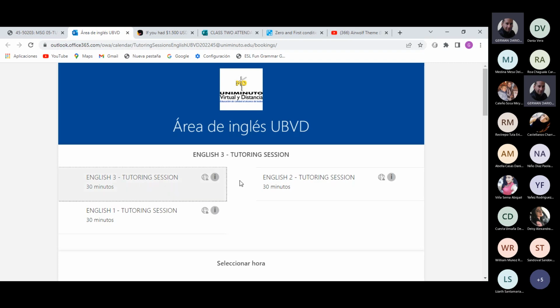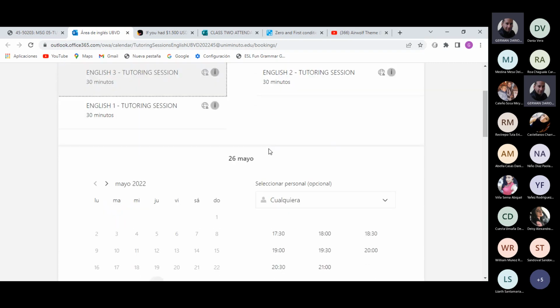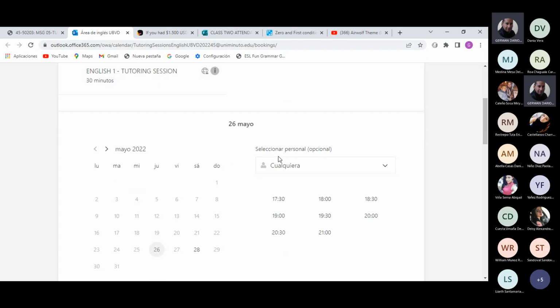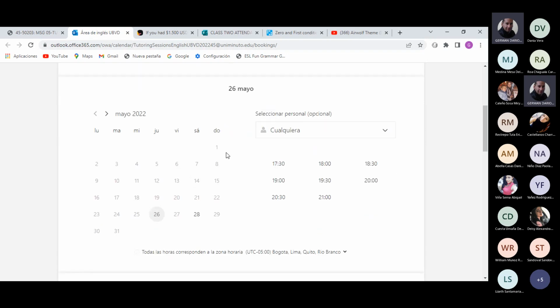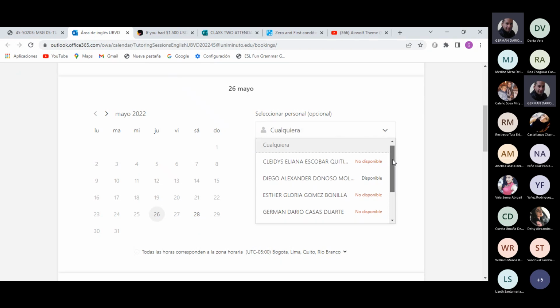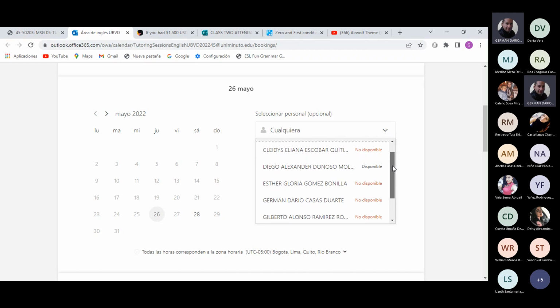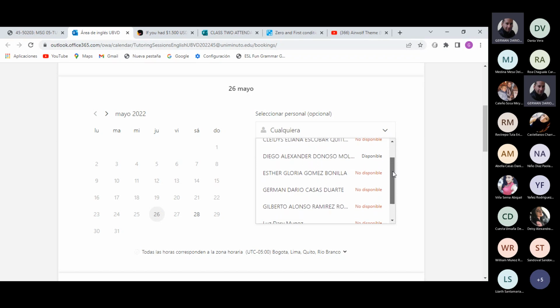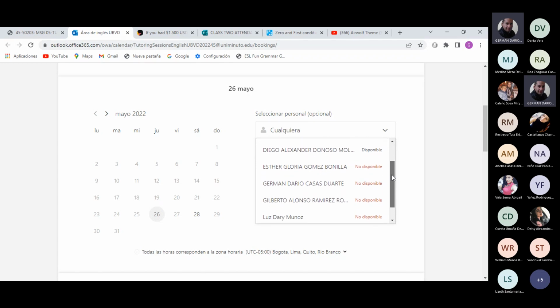Usted le hace clic ahí y le sale la fecha de la próxima tutoría. Por ejemplo, para inglés 3 sería el 26 de mayo. Entonces usted le hace clic en 26 de mayo. Y acá sale el grupo de docentes que están dictando esa tutoría. Por ejemplo, para esa fecha está disponible el profesor Diego Alexander Donoso.